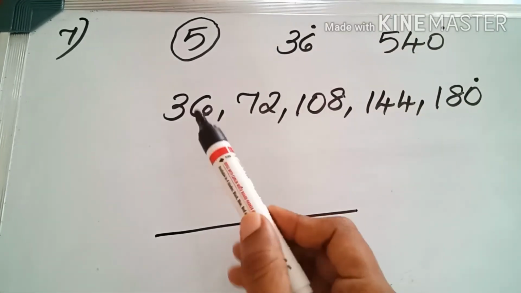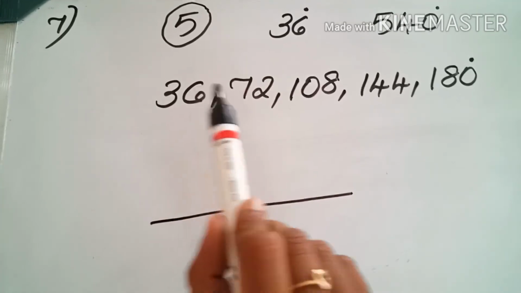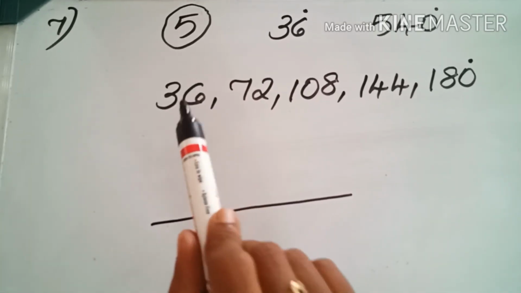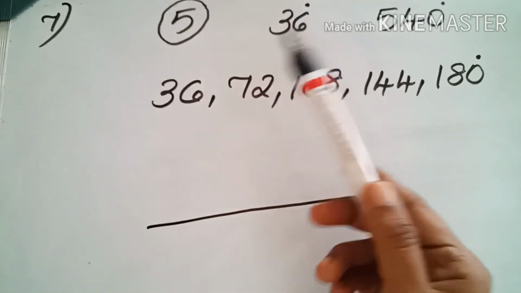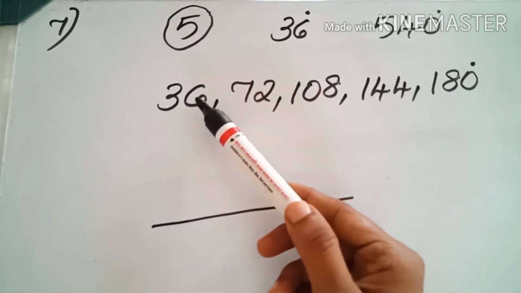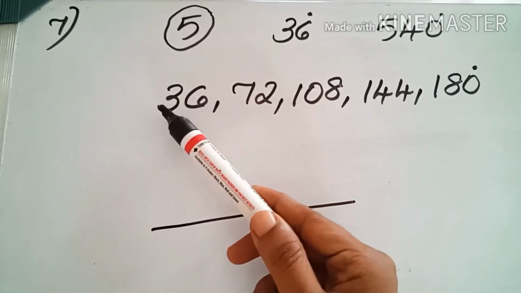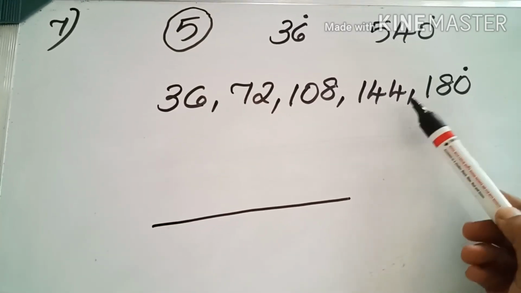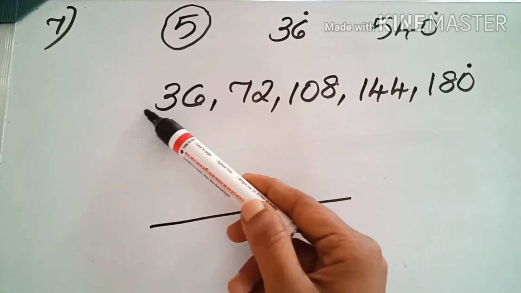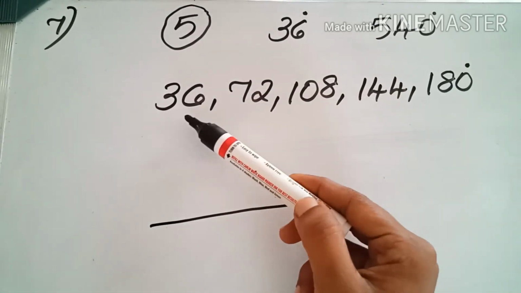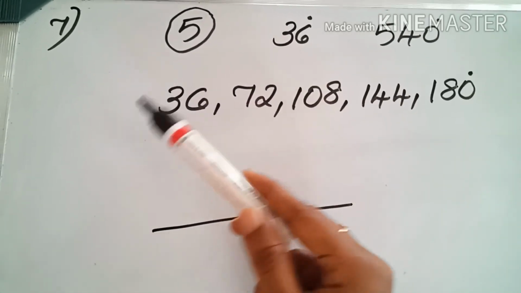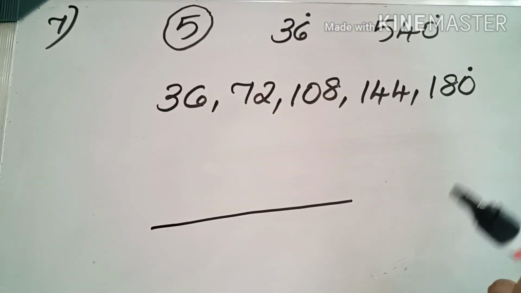That means 36 degrees is not the smallest angle of a pentagon. Now, if it is greater than 36 degrees, here it will be less. That means the smallest angle will be greater than 36 degrees.